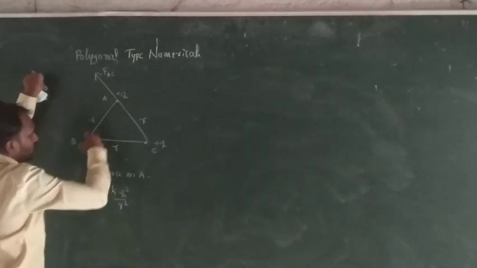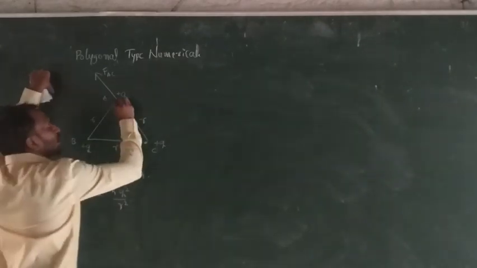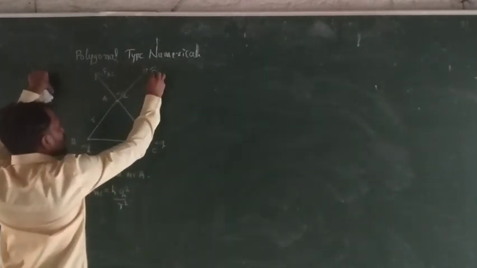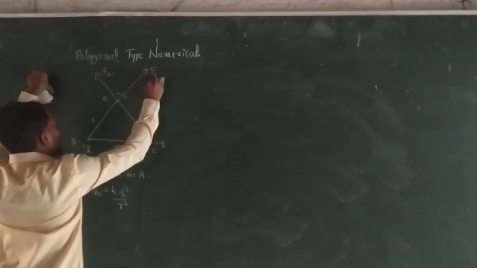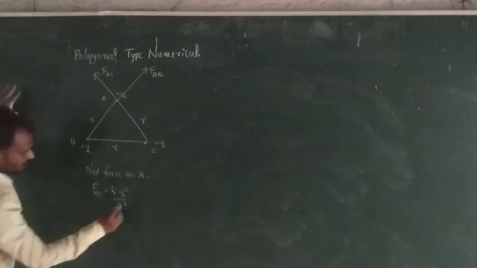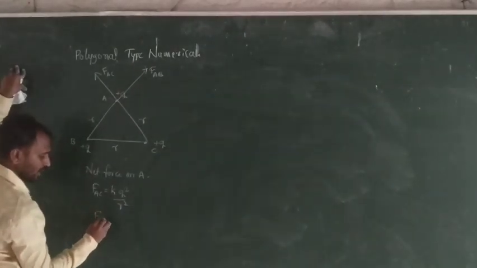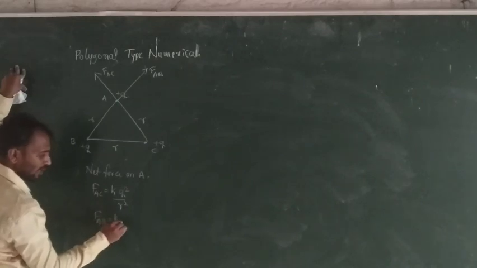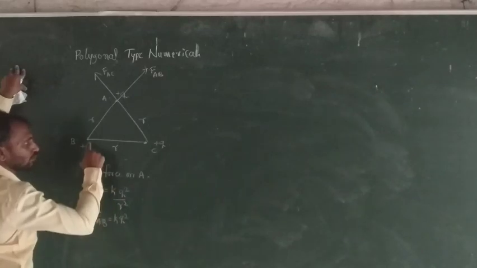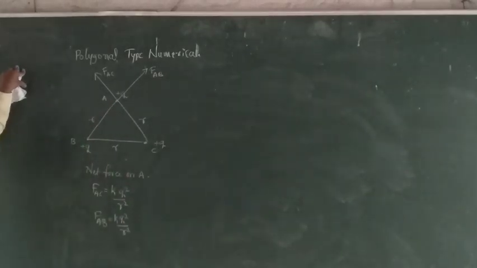Next, between these two charges we consider a repulsive force, the direction of force is in this direction. So this one is FAB. FAB is equal to K, the Coulomb constant, and the charges Q into Q, Q square, divided by R square.